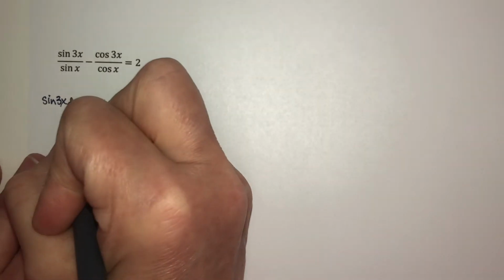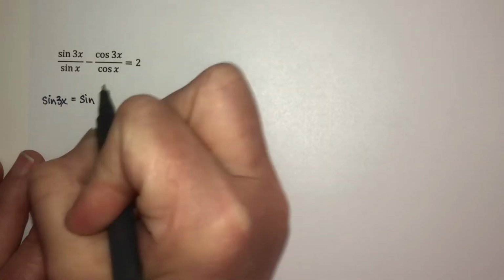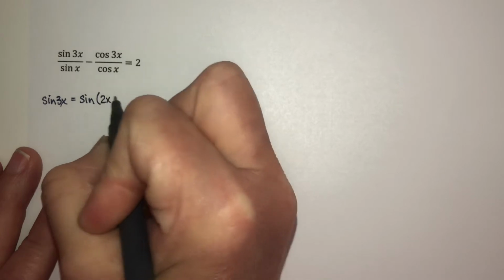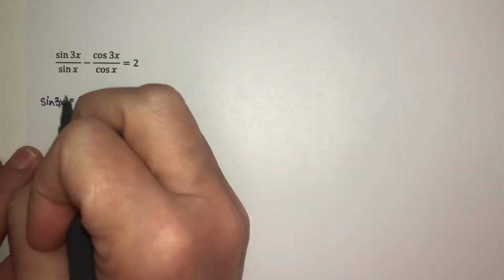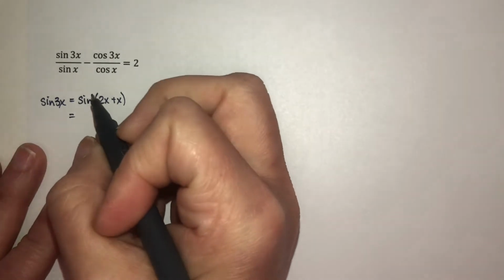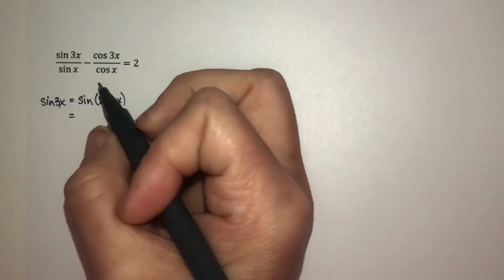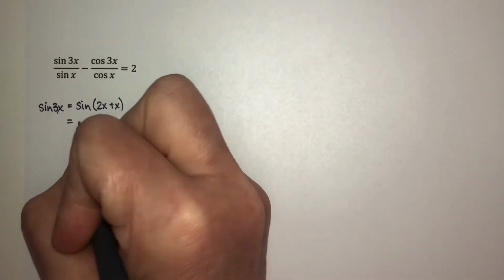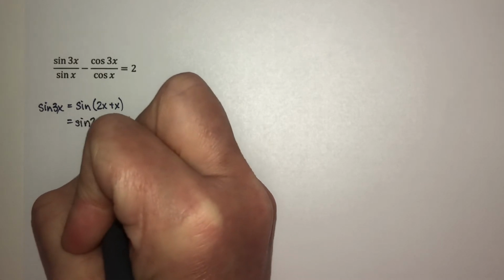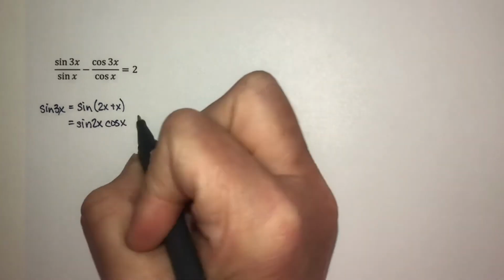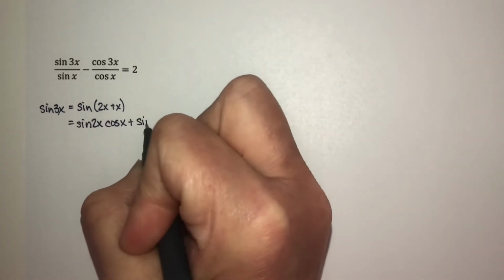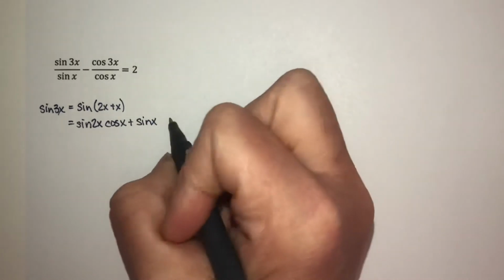Well, I can write it as sine of 2x plus x, and then use our sum formula for that from the previous section. This would be equal to sine 2x cosine x plus sine x cosine 2x.